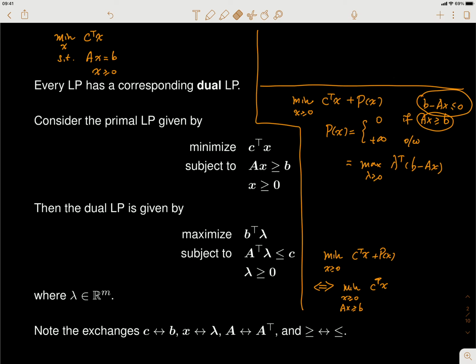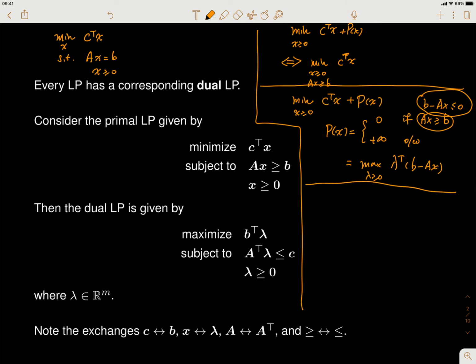We can move it here. Okay, and now let's see. The p(x) is shown to be the maximum of this value. So let me plug this into this.